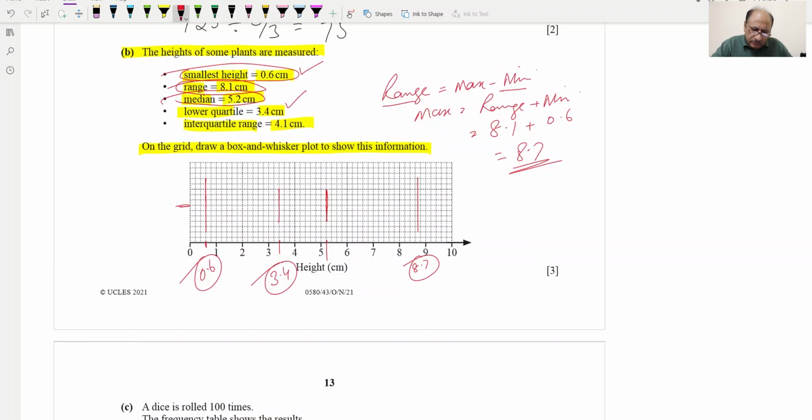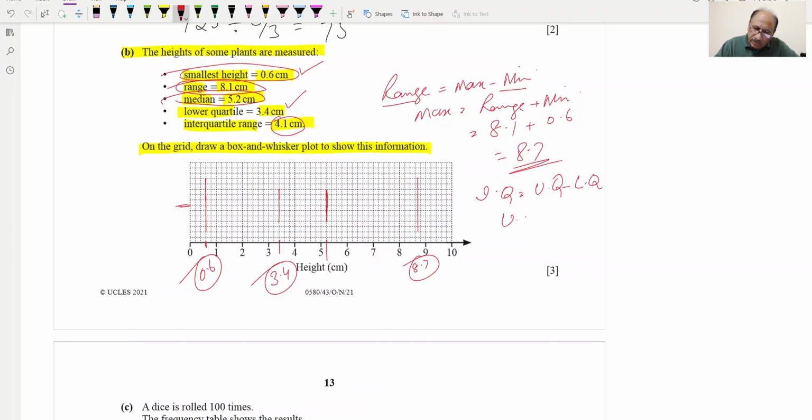And then comes the upper quartile. For the upper quartile, we don't have the upper quartile, but we have the interquartile range. So interquartile range is equal to upper quartile minus lower quartile. This is what you need to keep in mind.